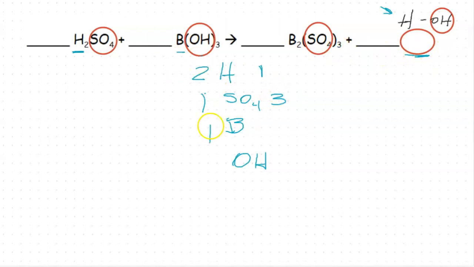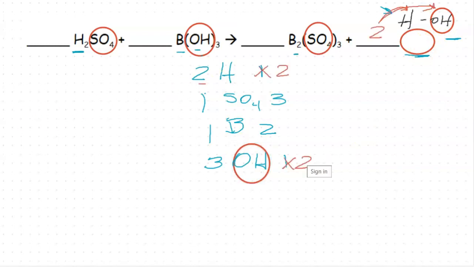I've got 1 B on the left. I've got 2 on the right-hand side right here. And the OHs, I have 3 OHs on the left, and I only have 1 of the OHs on the right. So if we keep that hydroxide in that circle and we separate the water into HOH, it makes balancing this an awful lot easier.